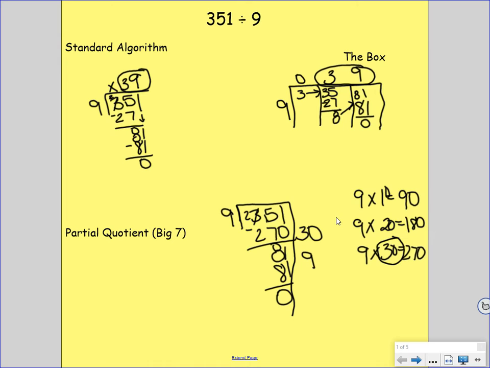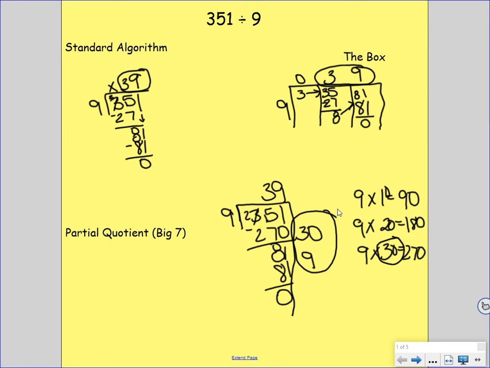So where's my answer? Right here. First, I subtracted 30 9s, then I subtracted 9 9s, so altogether I subtracted 39 9s. I call that the big 7, but you probably called it partial quotient in 5th grade.